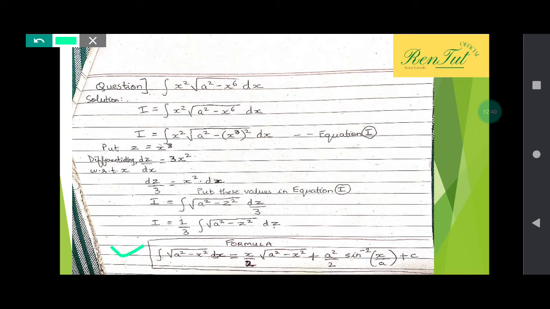This formula we have done a couple of times: the integration of a square minus x square dx is equal to x divided by 2 under root of a square minus x square, plus a square divided by 2 sine inverse of x divided by a, plus c. This formula needs to be learned properly. Once you do that, we'll come to know that we can proceed further.